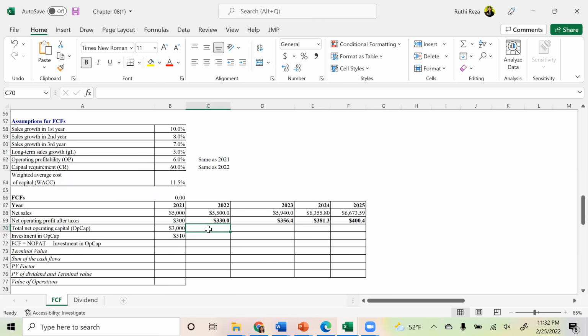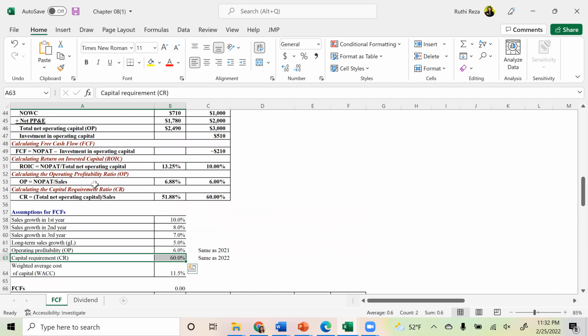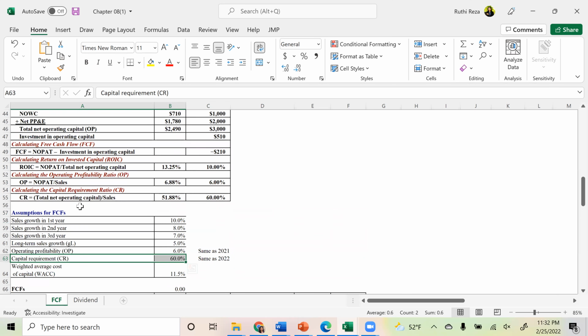Then total net operating capital. So here you can see your capital requirement ratio is 60%. That means your total net operating capital as percentage of sales should be 60%.